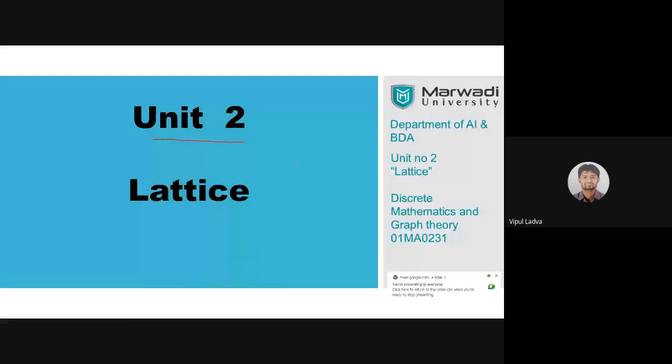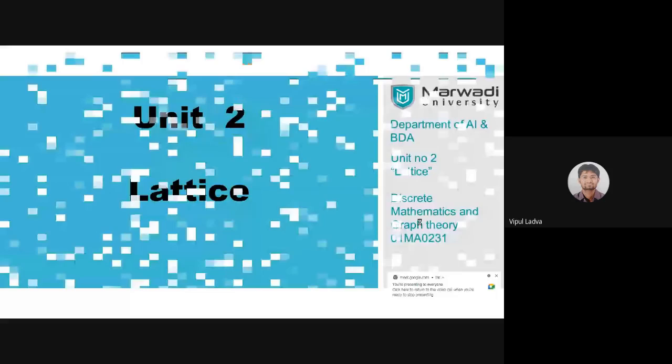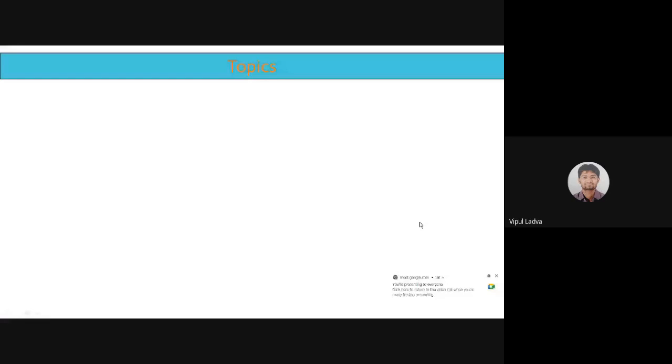This is our second unit out of 6. The label of the second unit is lattices. For the lattices, the topics we are going to cover in this unit: we will start with relations, different types of relation: symmetric, antisymmetric, reflexive, transitive.